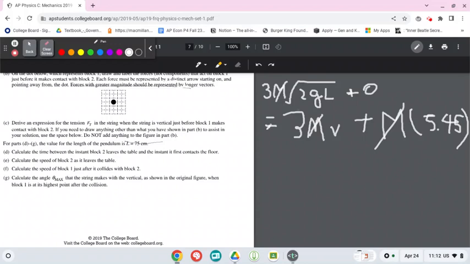To solve for v, move everything over: v is equal to 3 square root of 2 times 9.8 times 0.75, minus 5.45, over 3.